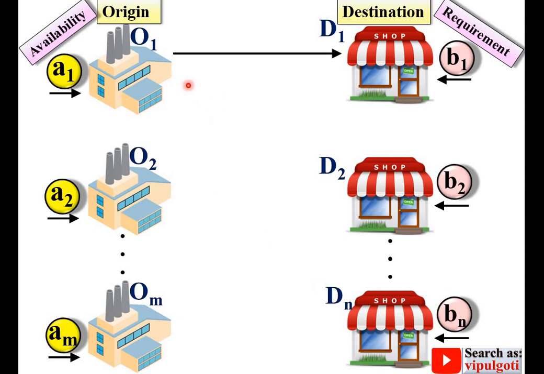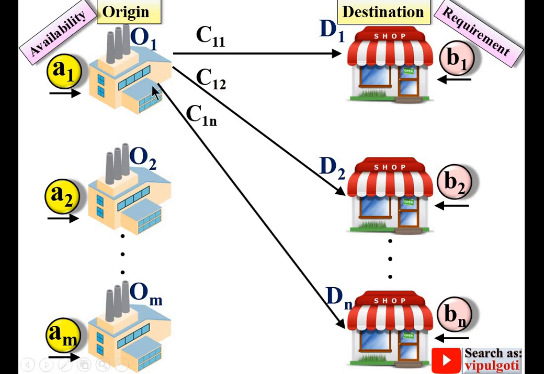Now, we can transfer the commodity or the products from the origin O1 to D1, and let's say the cost is C11 to transfer the commodity from O1 to destination D1 per 1 unit, and C12 is the cost to transfer the commodity from O1 to D2 per 1 unit.